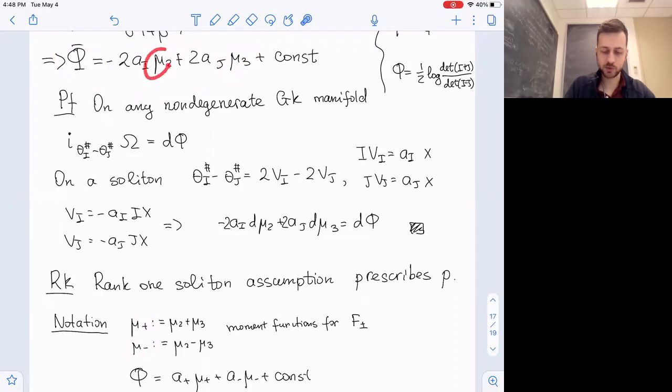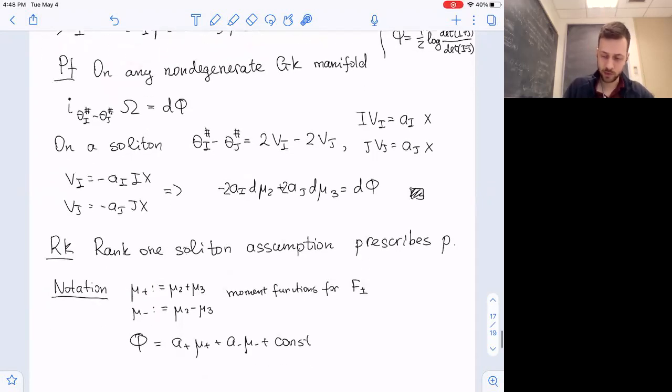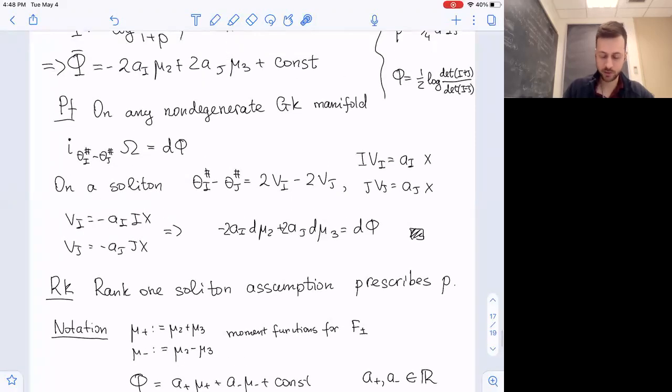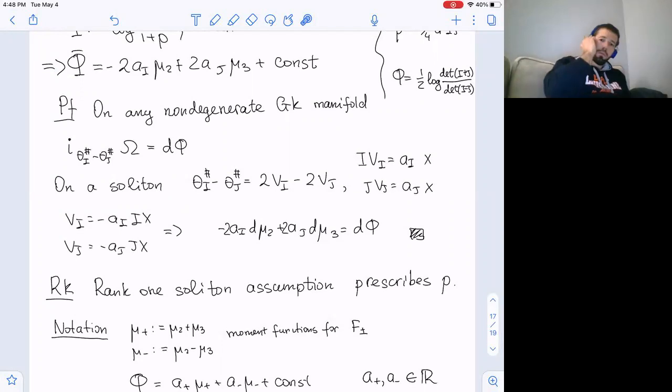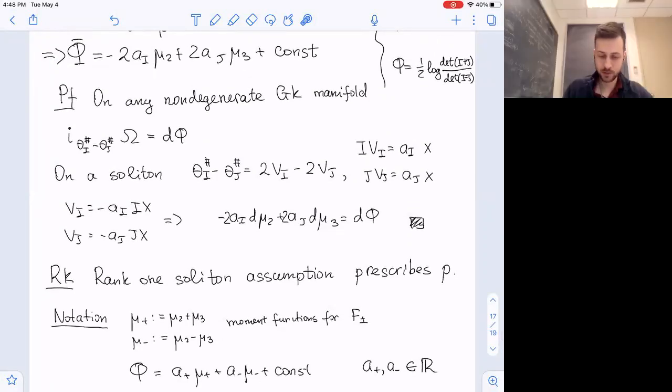I express mu2 and mu3 through mu plus and mu minus and substitute here, and then I will have some constant terms in front of mu plus and mu minus, which are expressed through AI and AJ. So these are just two real numbers, and they carry the same information as AI and AJ. Does that answer your question?